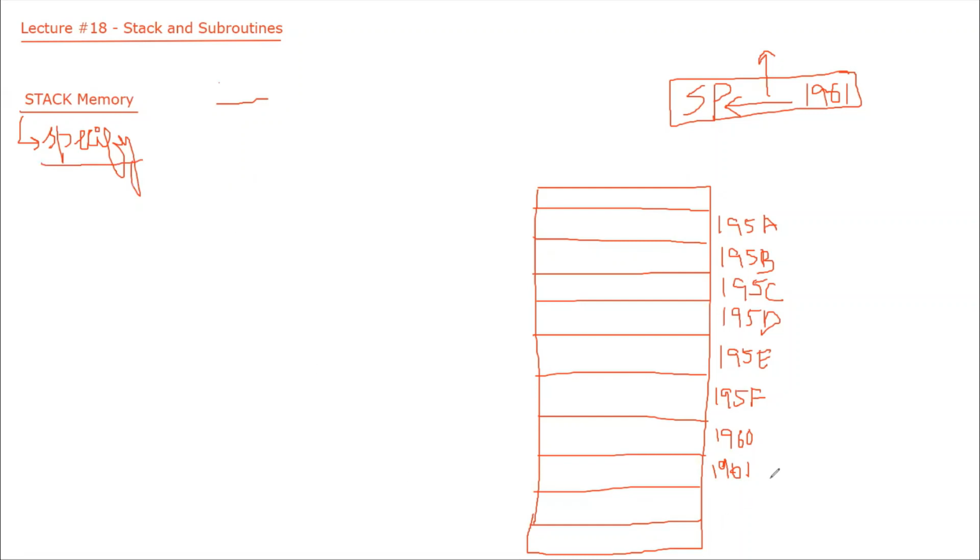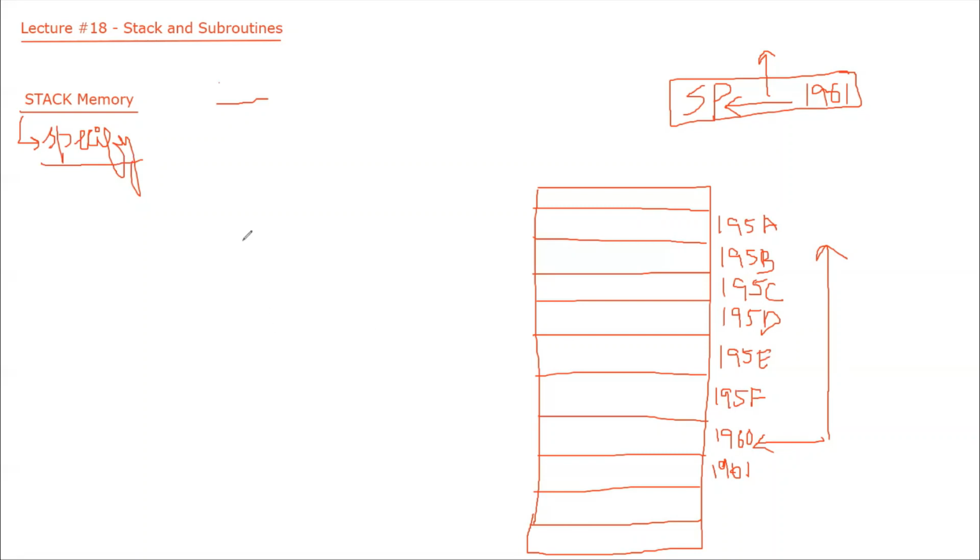And as I said, the stack always grows downwards in terms of addresses, so the starting address or initialization should be the highest address. Let's say I want to use the stack from this location, 1960. That means I will be using the locations in the downward direction. What are the locations? 1960, 195F, 195E.